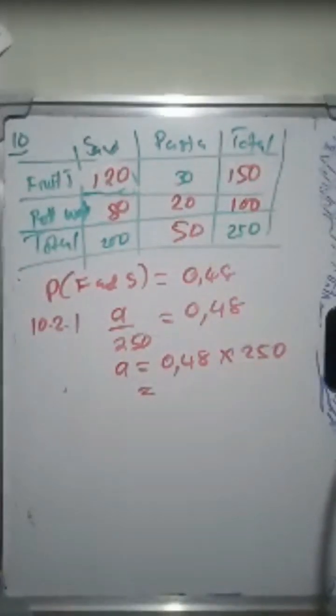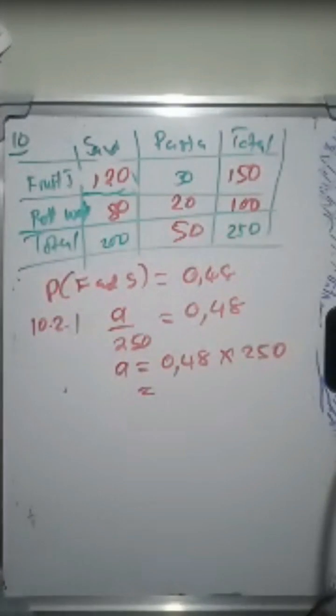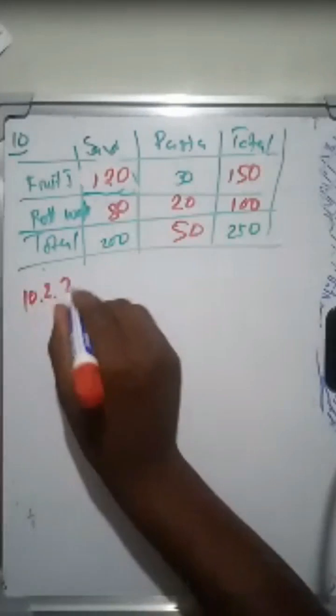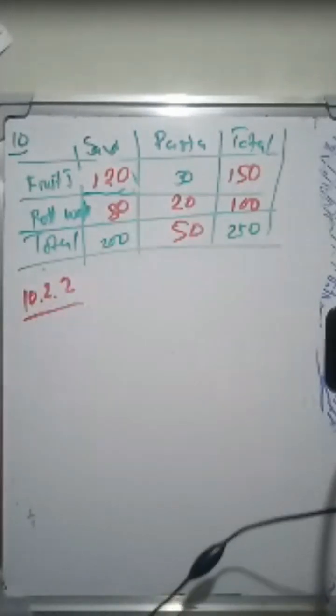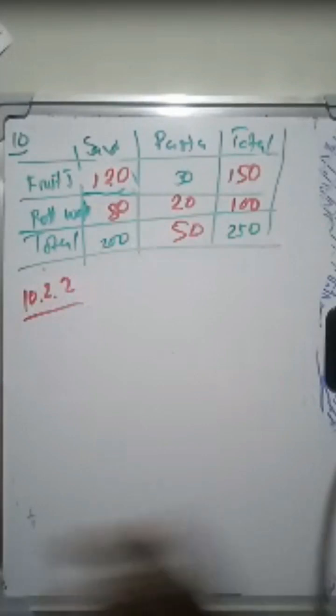Okay, now the question goes on to ask, 10.2.2: Is the choice of a fruit juice independent of the choice of a sandwich for lunch on a day? Show all your calculations. Now they're talking about independency, the one that we once talked about.